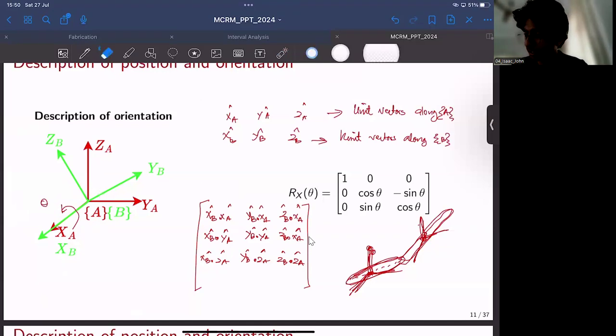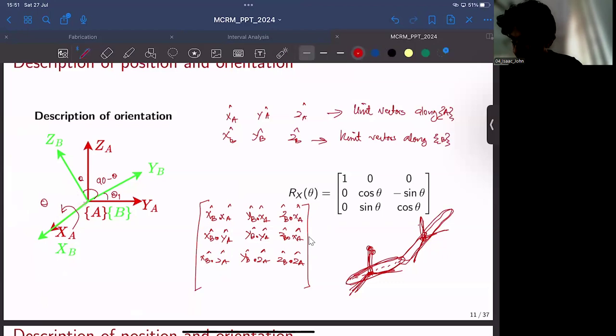So the angle between YB and YA is theta. This would be 90 minus theta, and this would be theta, and this would be 90 minus theta. Sorry, this angle would be 90 minus theta.